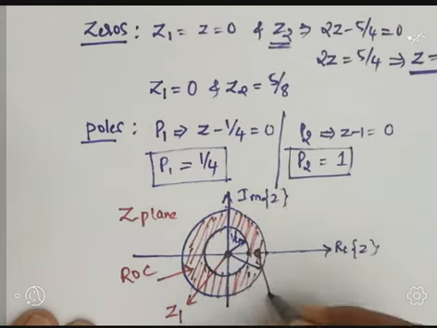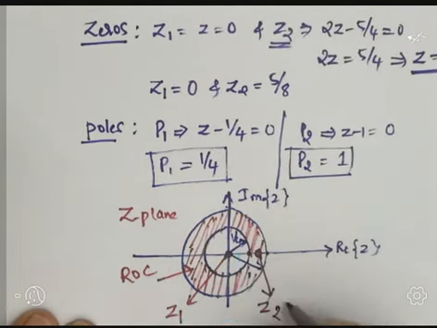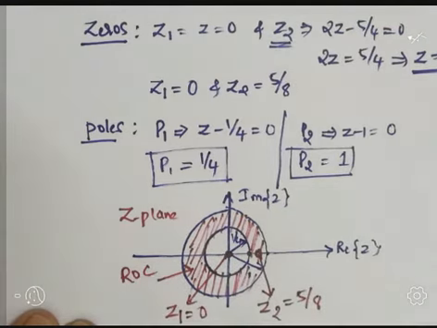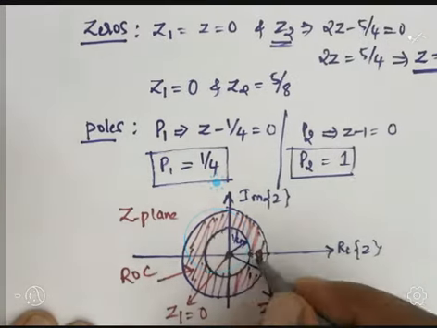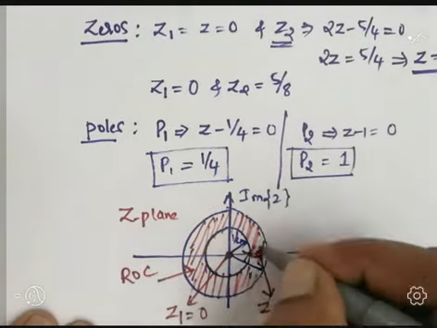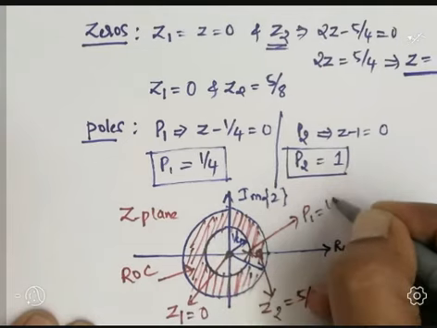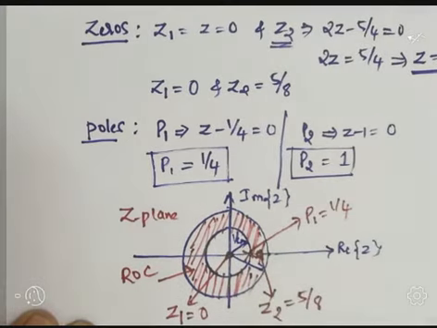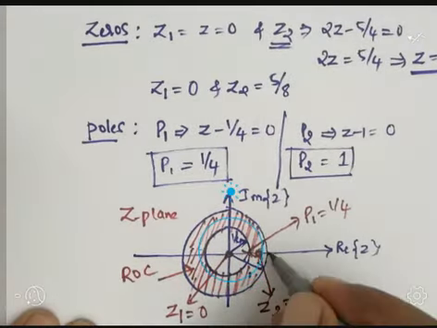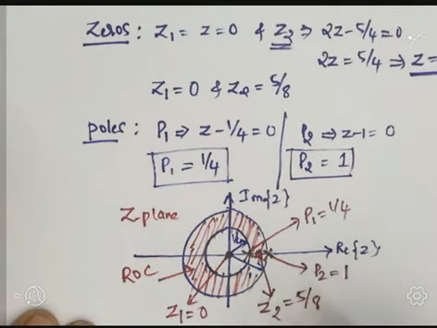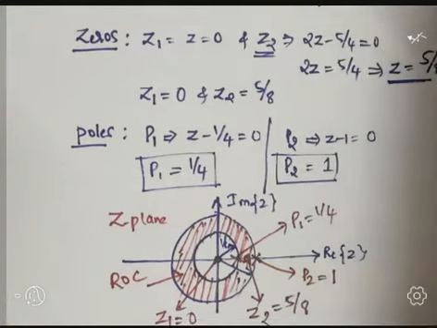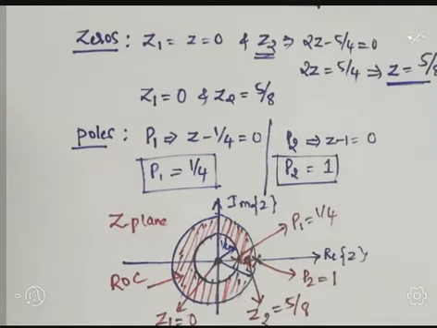This is second zero, it is 5 by 8. Next, representation of poles. First pole is here. This is first pole, P1 at 1 by 4. Second pole is where? It is here. Second pole, P2 equal to 1. So likewise, we have to represent zeros, poles, and the z planes.